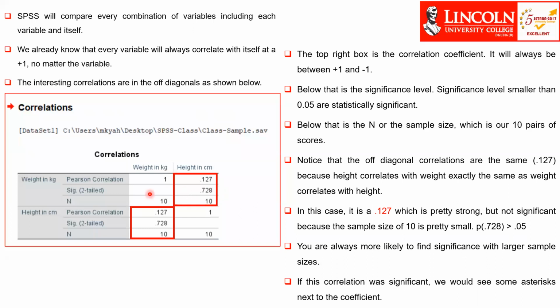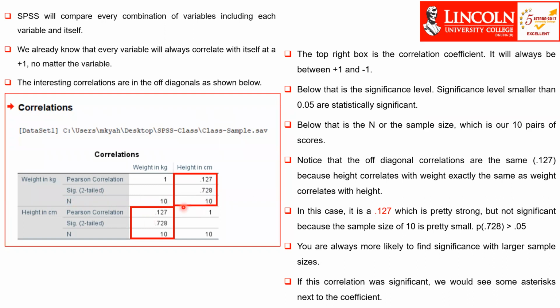Below that is the significance level, which is 0.728. Significance levels smaller than 0.05 are statistically significant. Below that is N, the number of observations or your sample size. Here we have 10 pairs of scores.